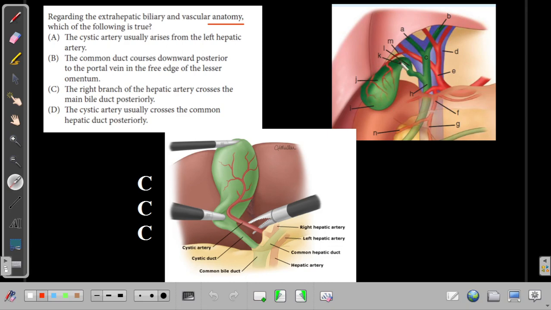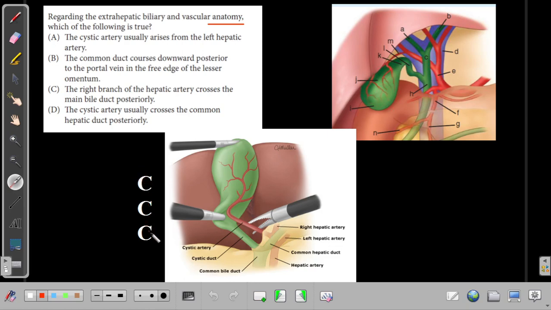This is an old textbook. In UpToDate, which is the most respected, updated American source, they define Calot's triangle by 3C.